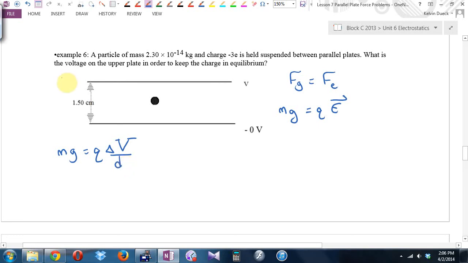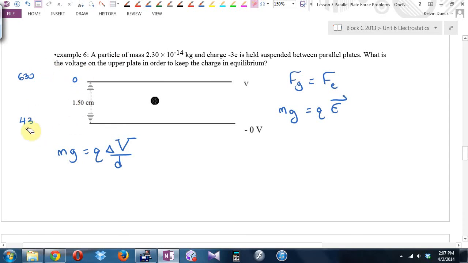This would work, don't write this down, if you had 200 volts and 0 volts, or you could go 400 volts and 200 volts, or you could go 630 volts, 430 volts. All it's saying is, look, the difference between the top and the bottom has to be a difference of 200 volts. It doesn't need, say, the top has to be exactly 200 and the bottom has to be 0. You got some flexibility. That's why voltage is always a change in. Much like time, we get sloppy and we don't write the change in all the time, but it's there, right?